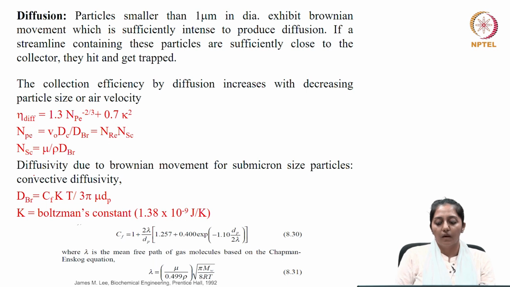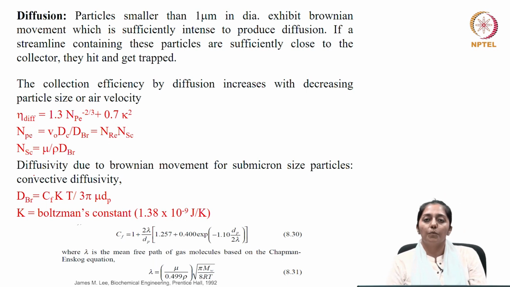Now, if the particle size is very small, smaller than 1 micron in diameter, they will exhibit Brownian movement, which will be sufficiently intense to produce diffusion. If a streamline containing these particles is sufficiently close to the collector, the particle might hit and then get trapped.